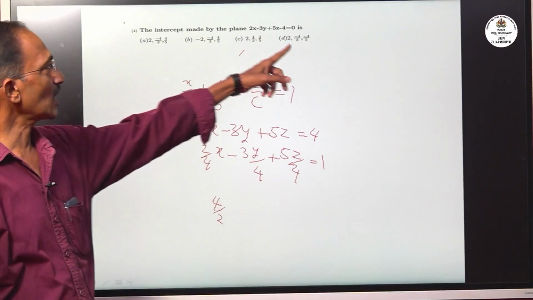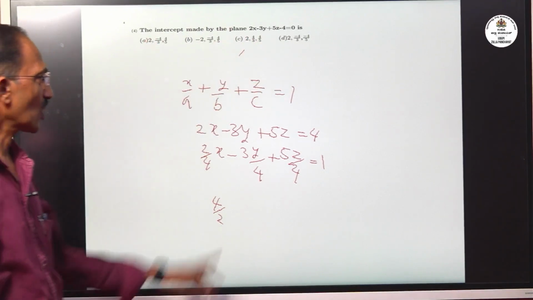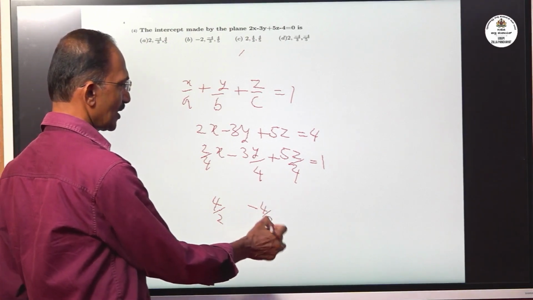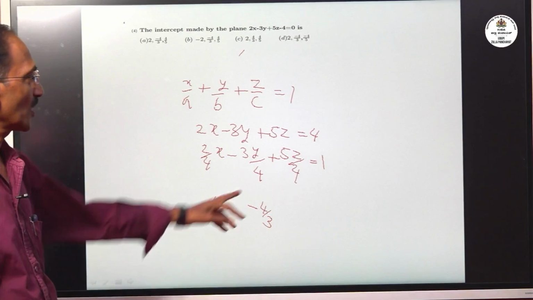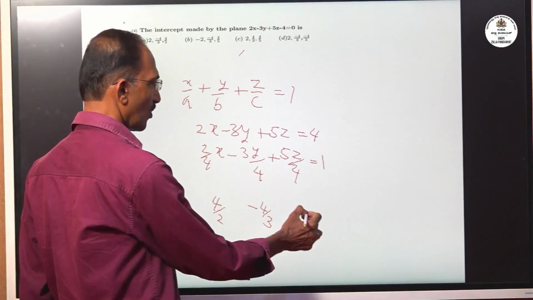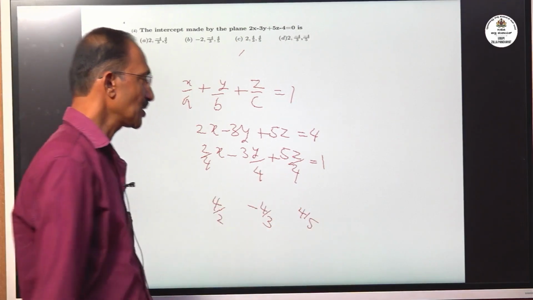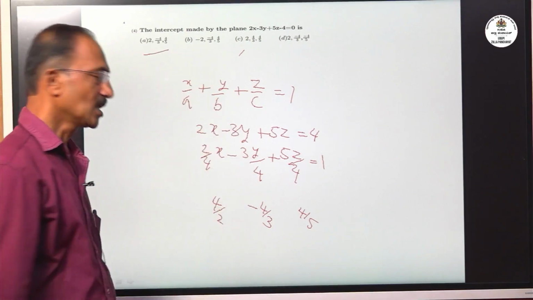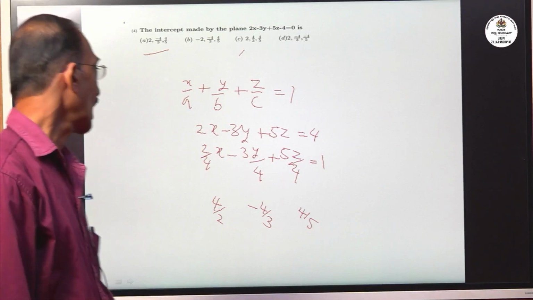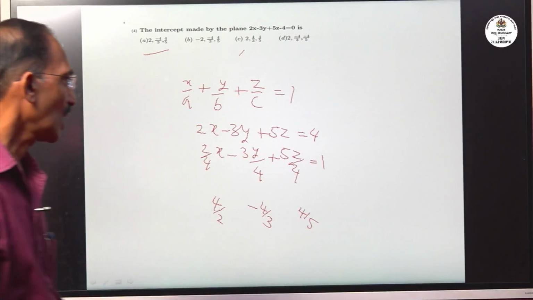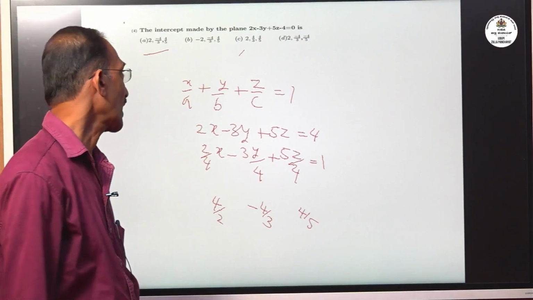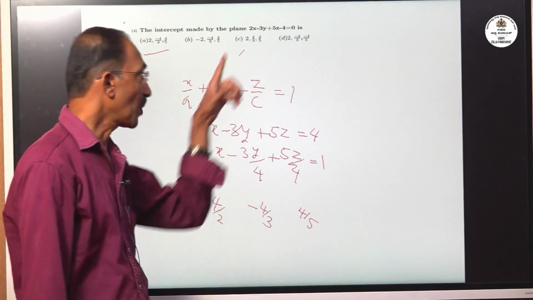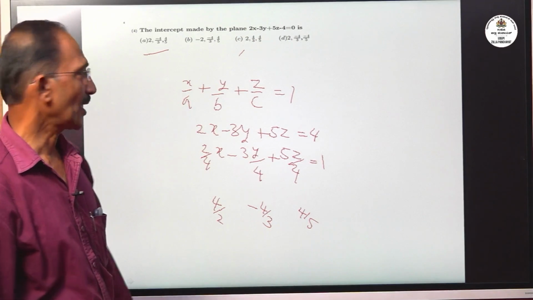And what about b? That is minus 4 by 3 in the denominator, and here you are getting 4 by 5. So these are the intercepts. Clearly the first option is the right option. So 4 by 2, minus 4 by 3 and 4 by 5 are the intercepts made by the plane on the 3 coordinate axes.